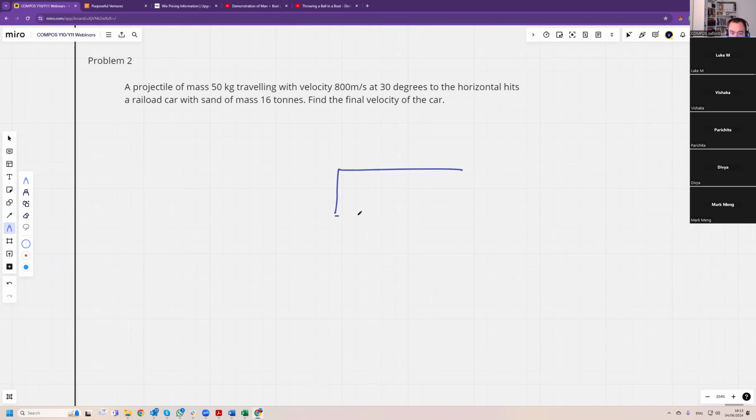So you have a railroad car with sand, and there's a projectile that hits the sand at 800 meters per second. That's more than double the speed of sound, but whatever. 50 kilograms. I think the sand would go everywhere, but that's fine. So then this is 16 tons, so 16,000 kilograms.